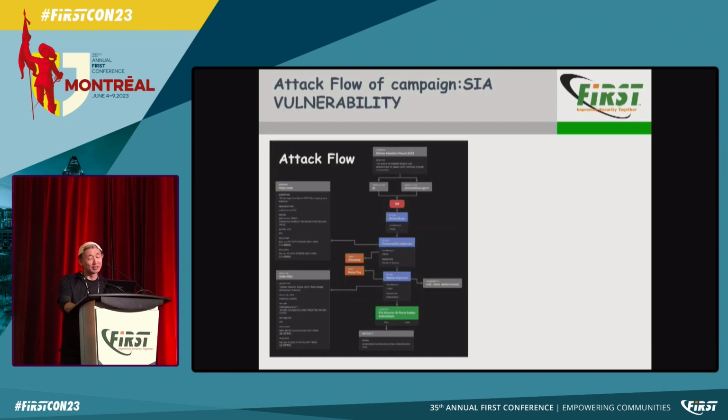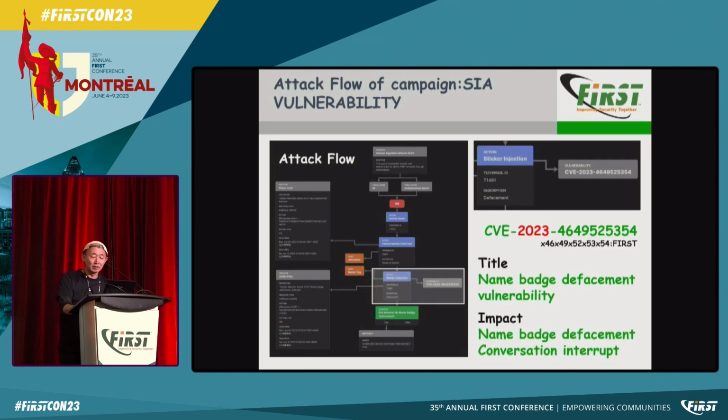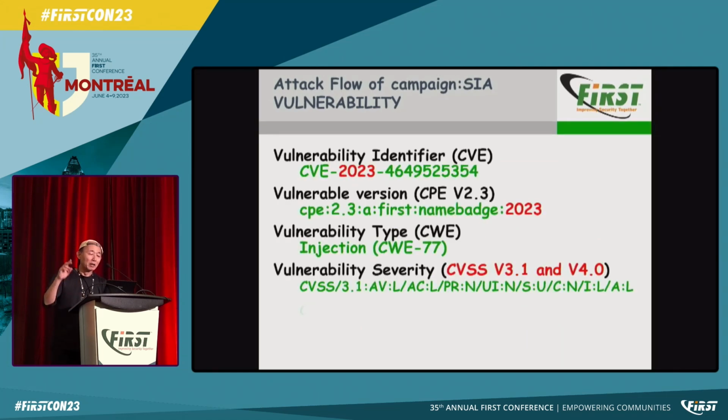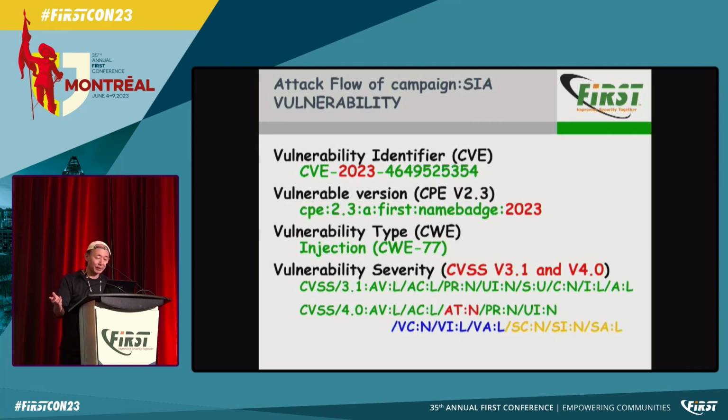Next is the vulnerability. CVE 2023, the first, titled Name Batch Defacement Vulnerability. Impact: the name batch defacement and conversation interrupt. Identifier, CPE, CWE, and also CVSS 3.1 and 4.0.